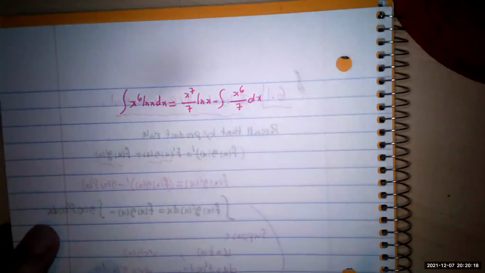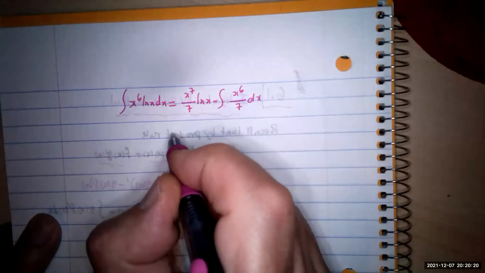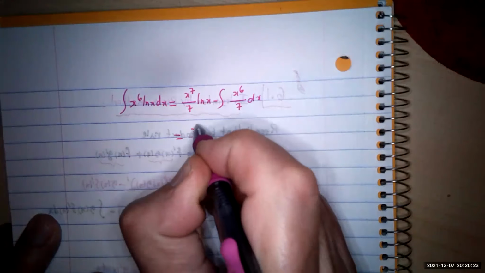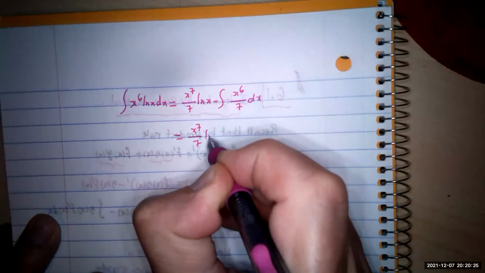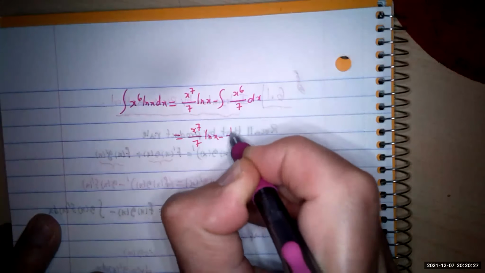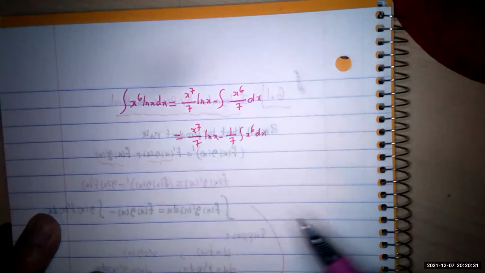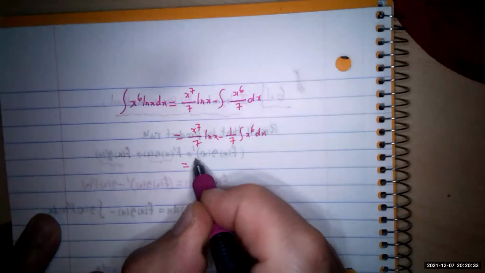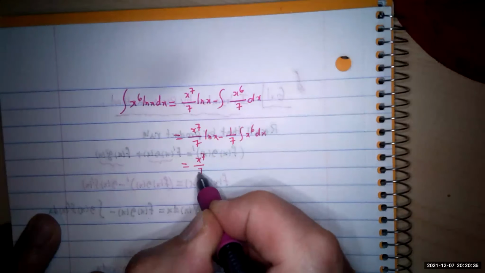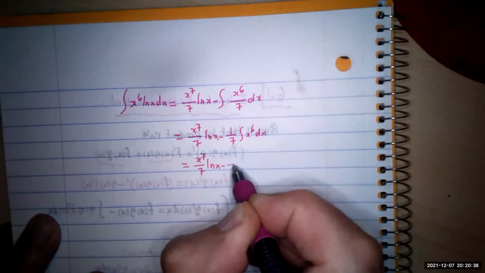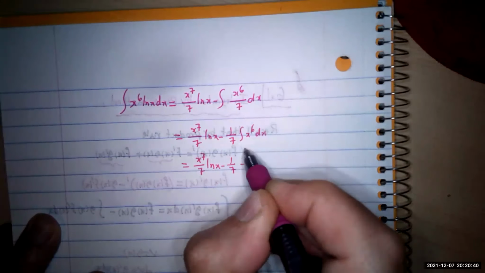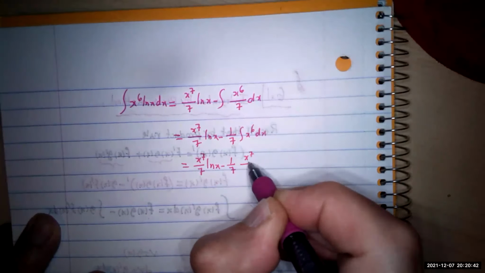You know that you move the 1/7 out. So it's going to be equal to x to the 7 over 7 ln x minus 1/7 times the integral of x to the 6 dx. And you just move the power up again. x to the 7 over 7 ln x minus 1/7 times x to the 7 over 7.